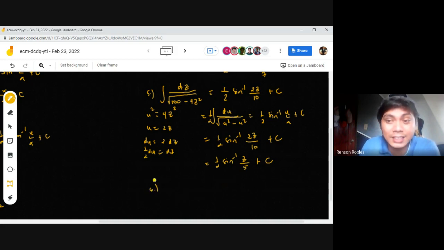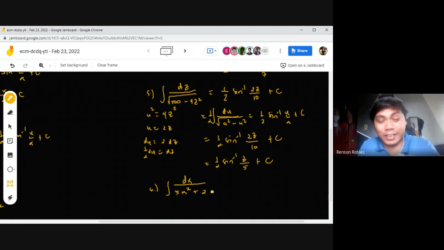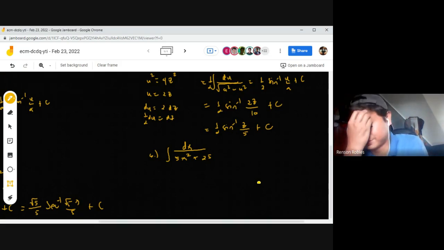6. And that also applies for tangent. Say the integral of dx all over 5x squared plus 20. What do you think is the answer?